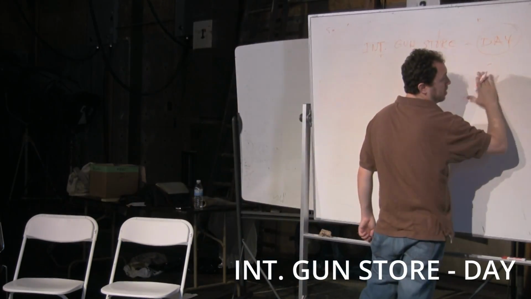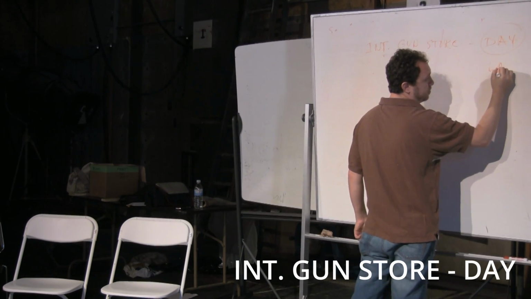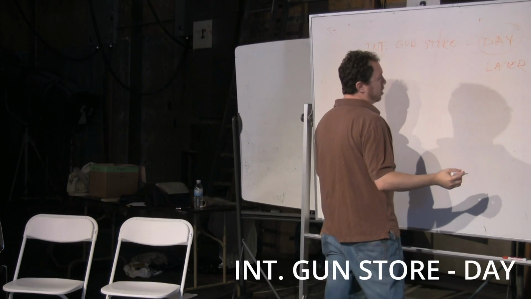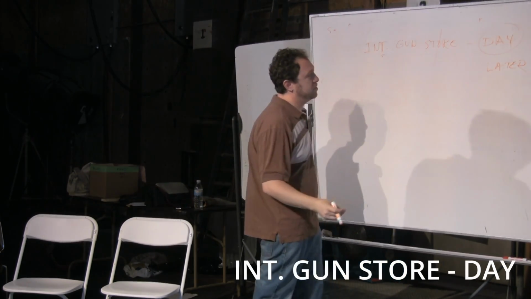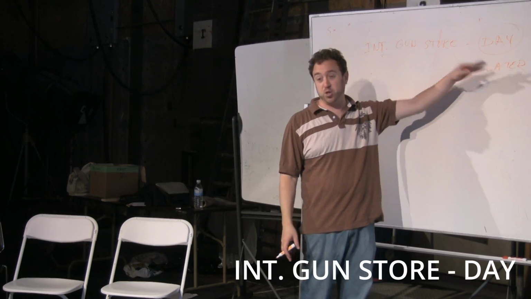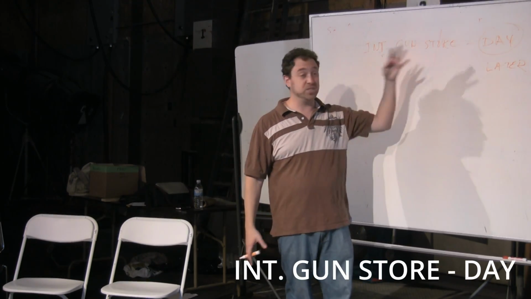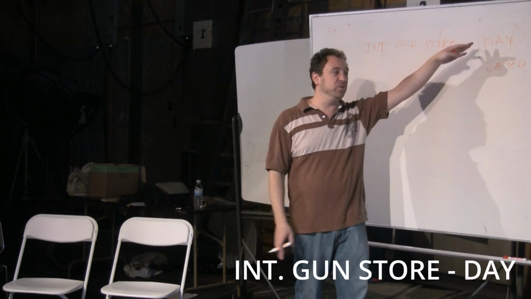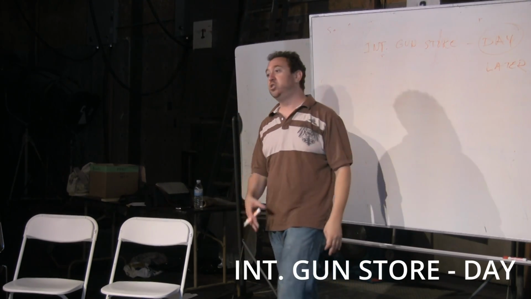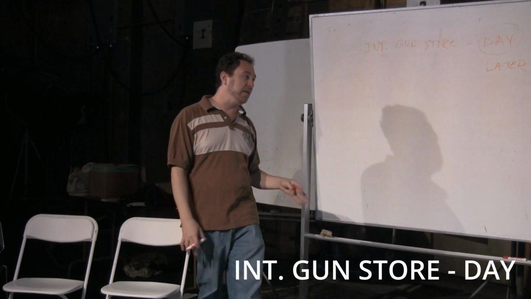You might say later. Or you might say moments later. Or, I don't know what another thing you might do. But you might put something that's a little bit more specific to the relative time instead of just day or night. But there's no real need to put more elaborate things, 6 a.m., dusk, evening.